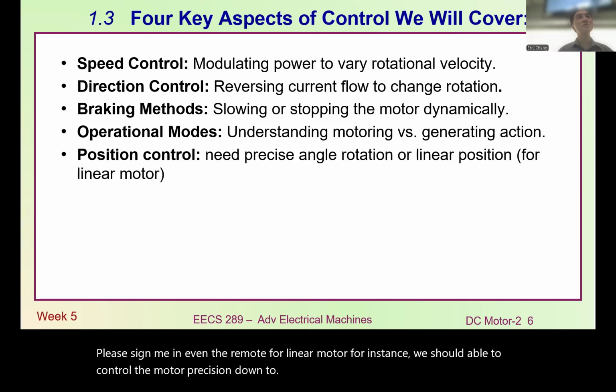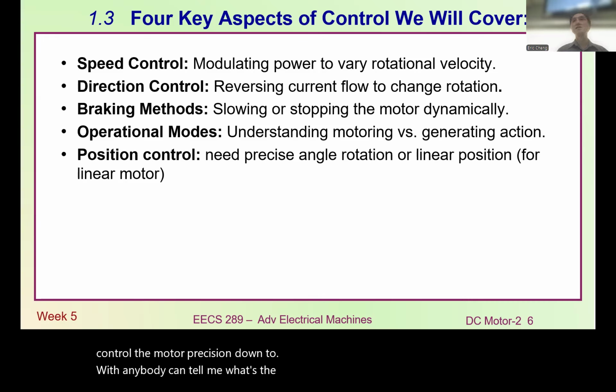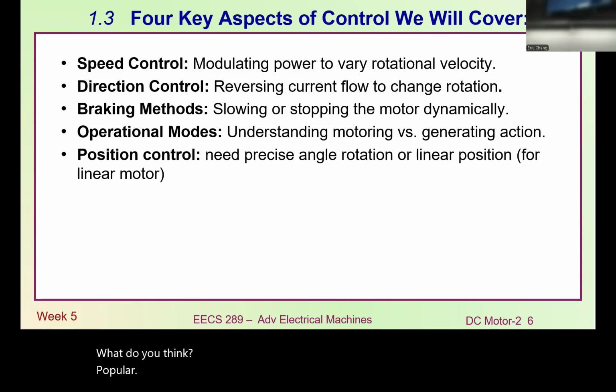Anybody can tell me what's the common precision control resolution? 1 mm, 1 inch, 0.1 mm? What do you think? Is the popular precision control down to 1 mm? So you think 1 mm would be enough for robot control? That would be good, right?